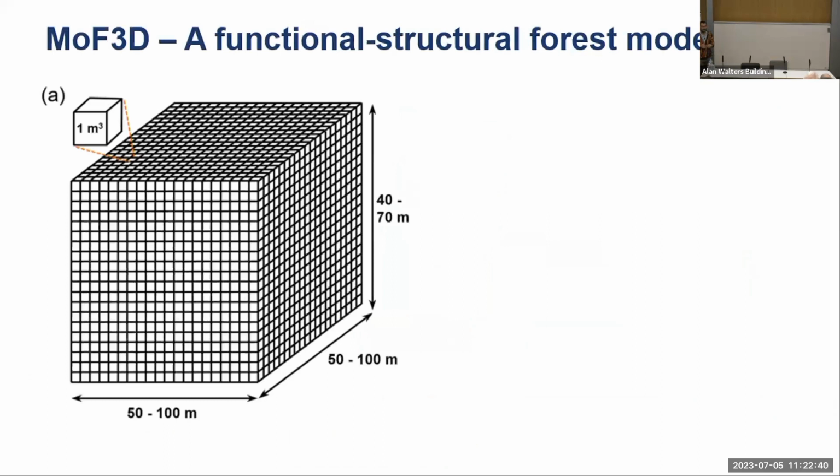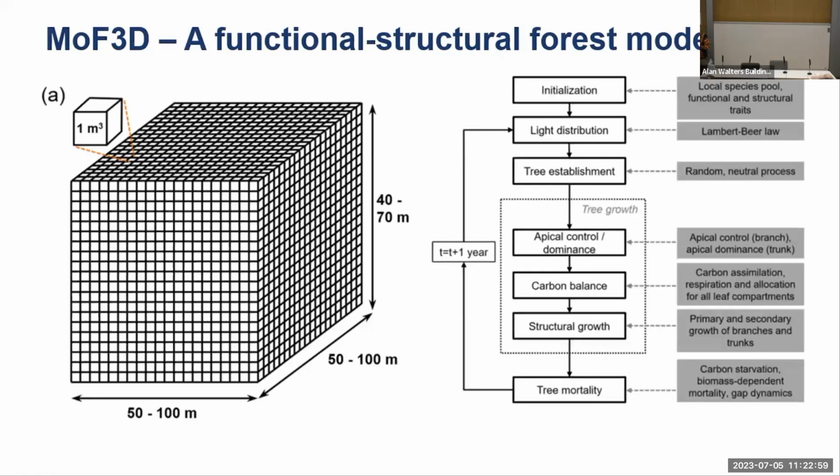It's a 3D functional structural forest model. And what does that mean? I'm going to explain a little bit, briefly: instead of a pixel, you have a voxel in 3D space. You can vary the resolution, but here, let's say, it is 1 cubic meter. And in this 3D space, we put the trees to undergo a series of ecophysiological processes.